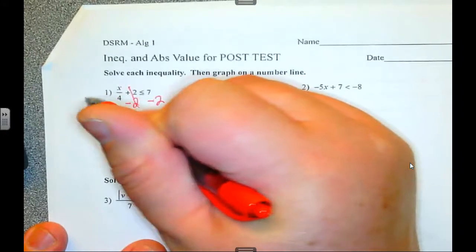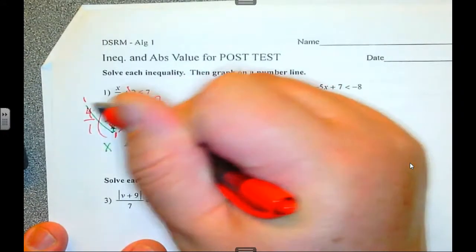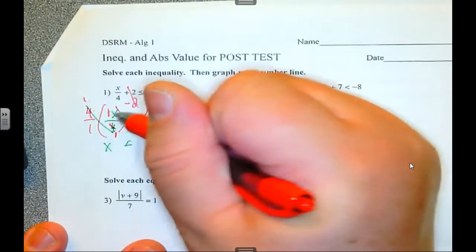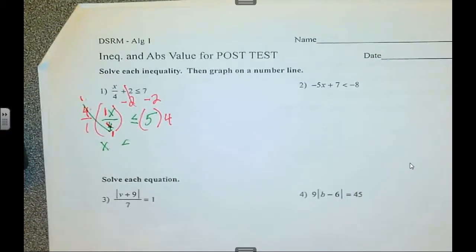So 4 goes into 4 once. So all I have is just 1. 1 times x is x. That's why I multiply by the reciprocal too, because I get that 1 for a coefficient. Gets rid of it, basically.